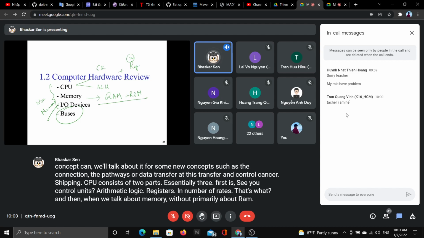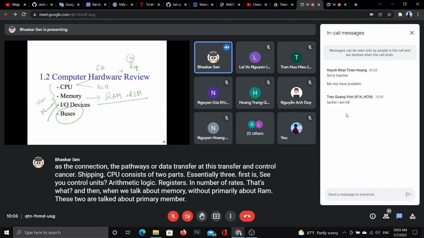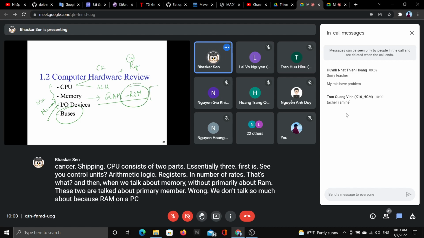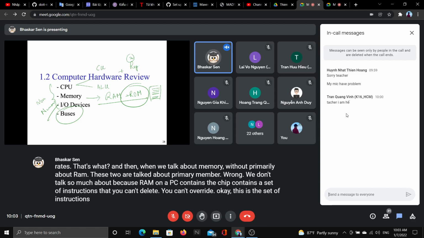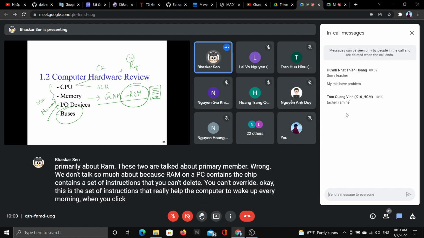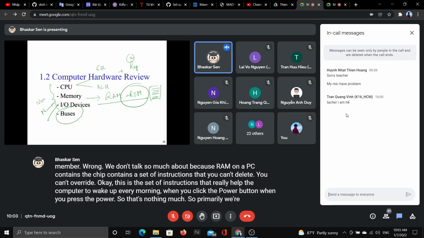These two are primary memory. ROM we don't talk so much about because ROM on a PC is a chip that contains a set of instructions that you can't delete or overwrite. These are the instructions that help the computer wake up when you press the power button. So primarily our focus should be on RAM.